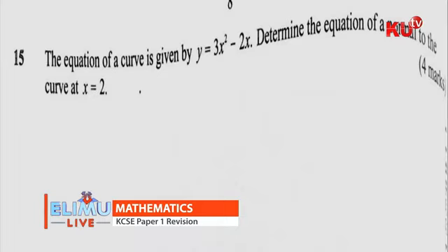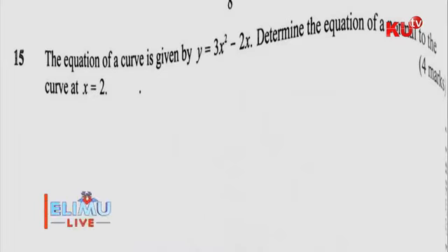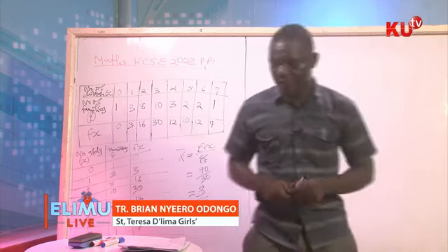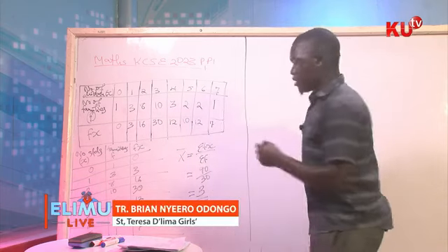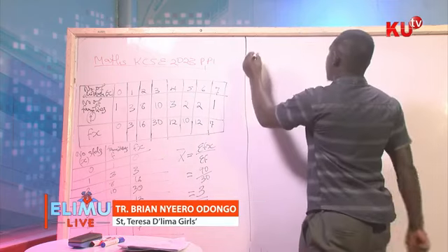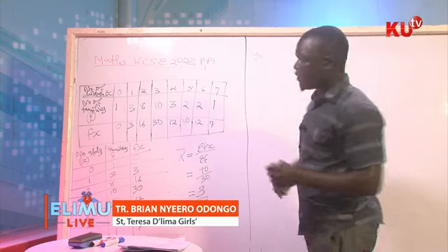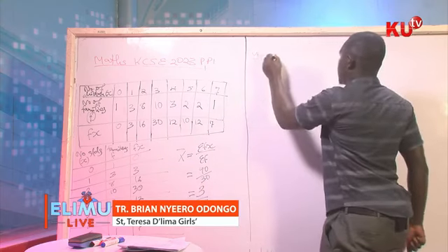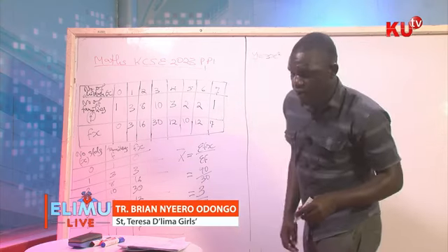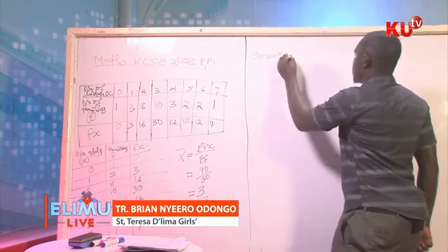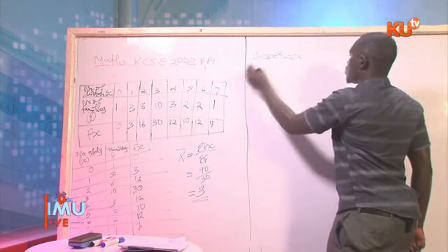How do you get the corresponding y value of x equals to 2? By replacing the value of x into the original equation of the curve. So, remember that the equation of the curve is y equals to 3x squared minus 2x.